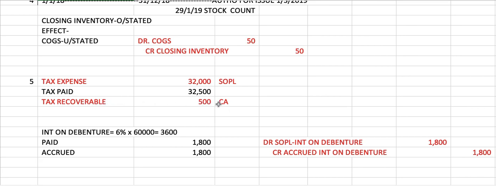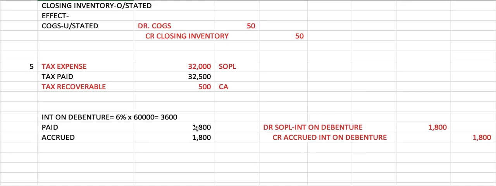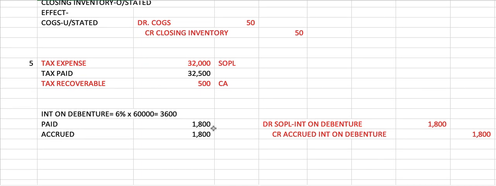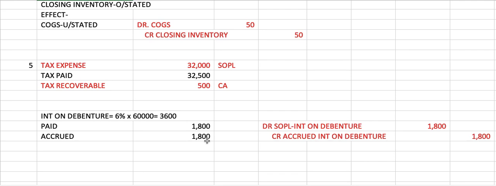Then the question also says part of the debenture interest was still accrued at the end of the year. So look at your trial balance. You have a debenture. Your debenture is 6% times with 60,000 cost. So for 1 year the interest should be 3,600. And you also look at your trial balance. You can see there is a debenture interest of 1,800, meaning that the balance, 3,600 minus 1,800, has not been paid.